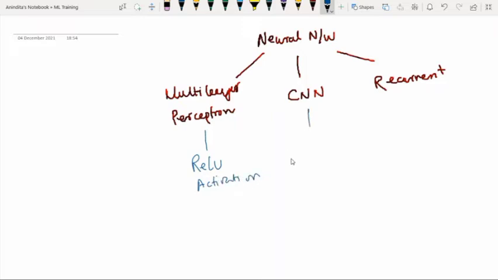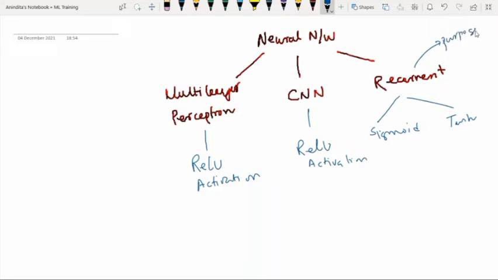CNN prefers to use ReLU activation again. However, whenever we are dealing with a recurrent neural network, it prefers to use sigmoid, or sometimes tanh, depending on the purpose of this neural network, meaning what it is going to predict.